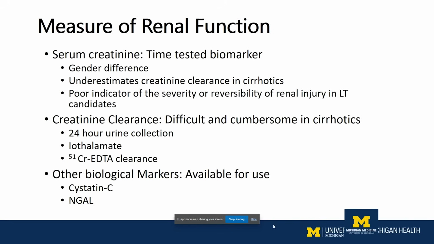Creatinine clearance in patients with cirrhosis. There are other biological markers such as cystatin C and NGAL, which can be used as an adjunct to serum creatinine for estimation of renal function.